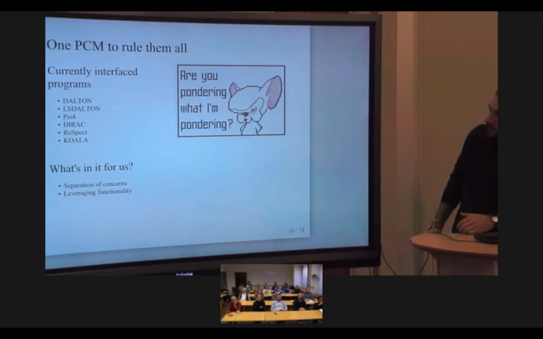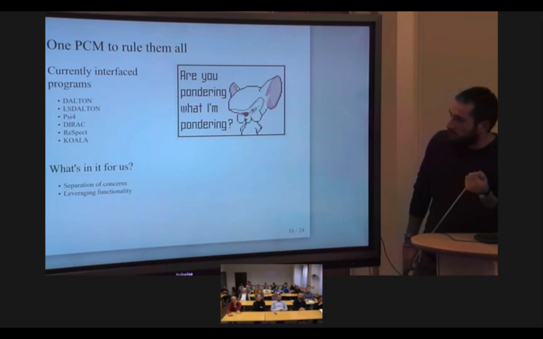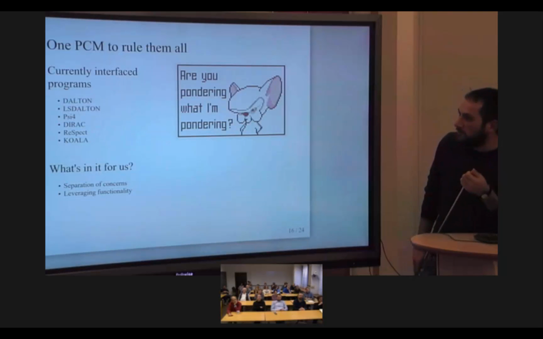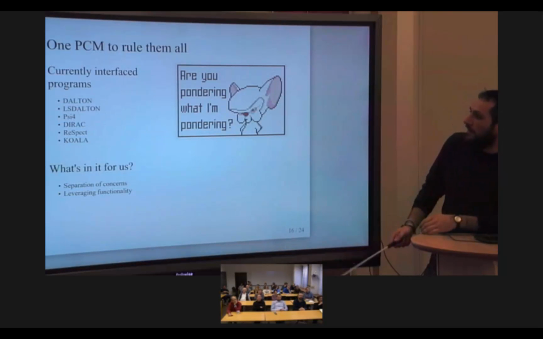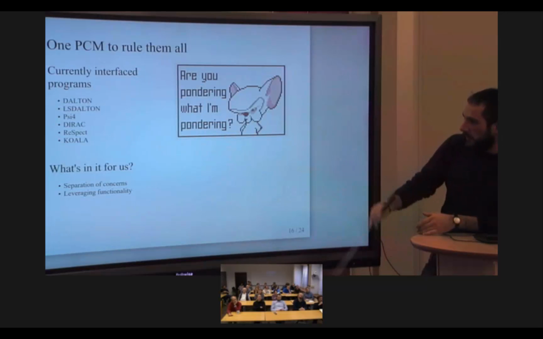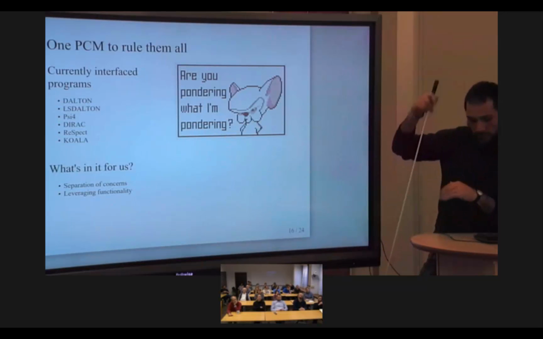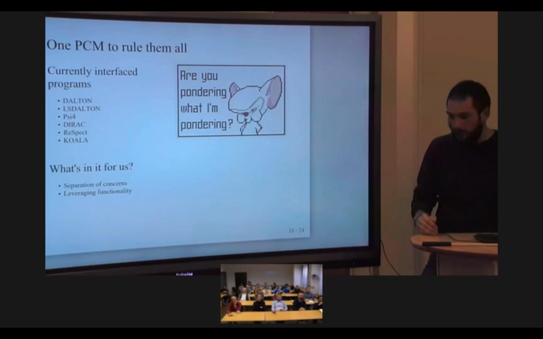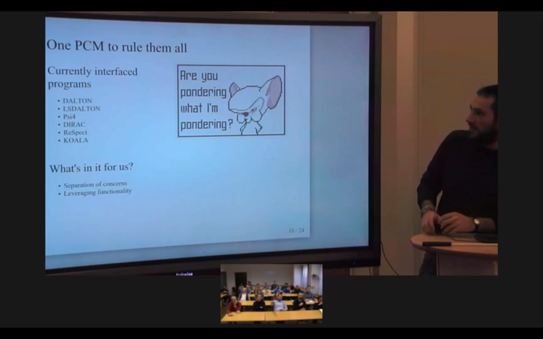Okay, so which programs are we currently interfaced with? It's 6, so I would say a good number. Dalton, LSDalton, Psi4, Dirac, ReSpect, and Koala. And what's the advantage for us, apart from having these nice slides?